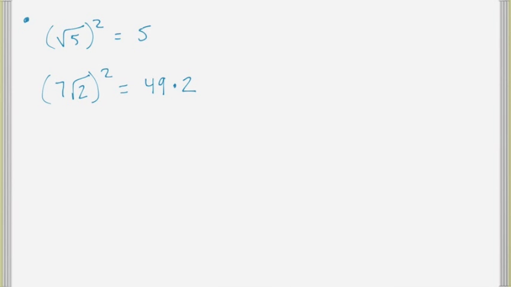When we square a root, we just get what was underneath it. We're multiplying those together to then get 98. Okay. So when you square a number that has more than one part to it, we square both the number out front and square the root, and then multiply them together.